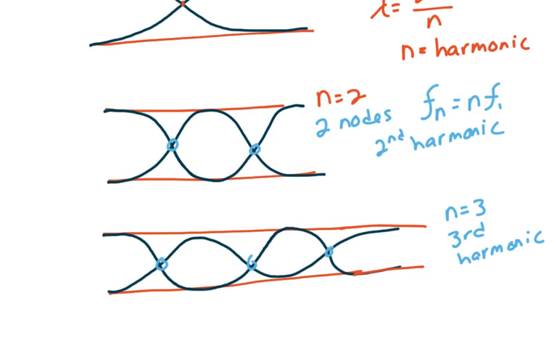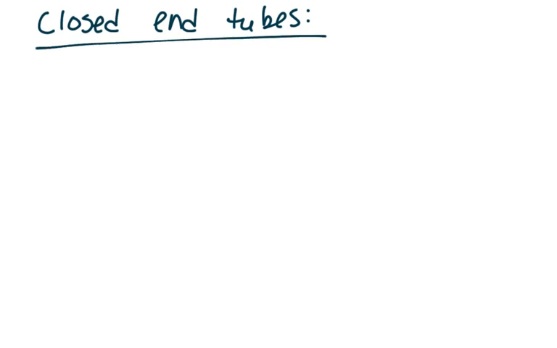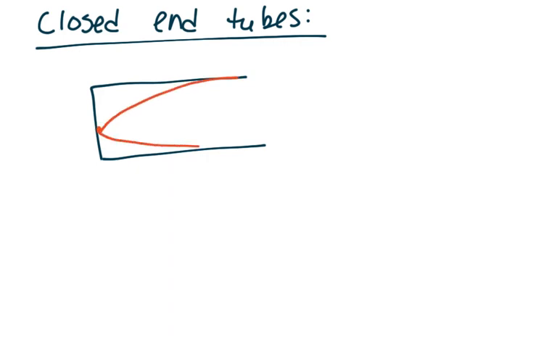All right, last but not least are the closed end tubes. And for the closed end tubes, it's just like it sounds. It has a closed end. So for this one, it's going to start at a node and end at an antinode. So this has half of a crest or half of a trough.